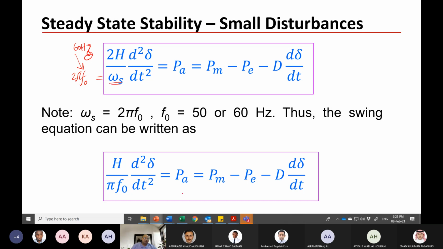This is the synchronous speed constant. So H over 2 will go as 2, and then you have H over pi f0. Again, the oscillation of the angle has nothing to do with f0, as we said before.